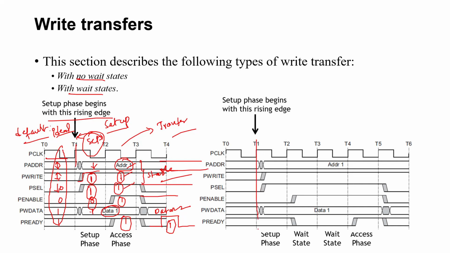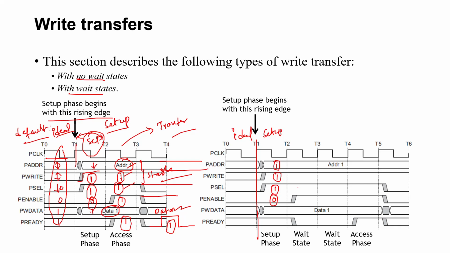Now this is the T0 to T1 cycle, all idle signals. This is the idle phase. Okay, that is the default phase. There is nothing happening here. And then in the setup phase, T1 to T2, we are maintaining a valid address and data, and the write signal is high, and then the select signal is high, the enable signal should be 0.